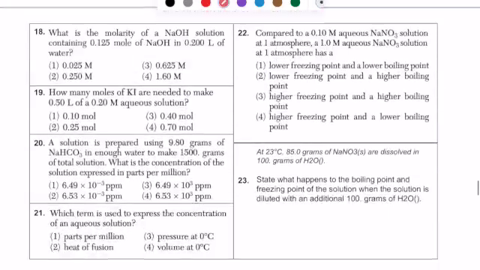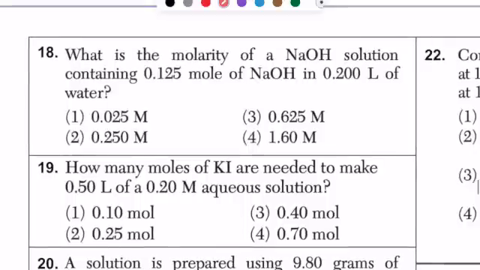So what's the molarity of a sodium hydroxide solution that contains 0.125 moles of sodium hydroxide in 0.2 liter of water? You just have to use the molarity equation, which is, remember, moles over liters. So just plug in your moles over liters. That should be 0.125 divided by 0.2, which is about 0.625.